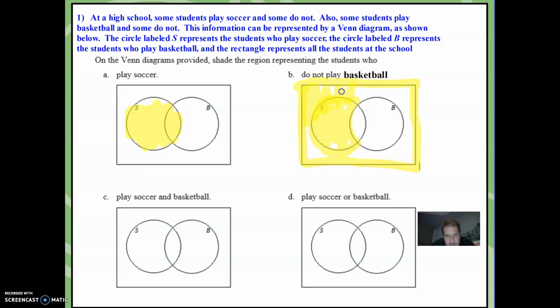So basically, I'm coloring in everything except for the basketball circle. People who play soccer and basketball would be just these people in the middle. People who play soccer or basketball would be all of these people because they play soccer and all of these people because they play basketball. And clearly the people in the middle are also playing both. So it's going to be everybody except for the outsides.